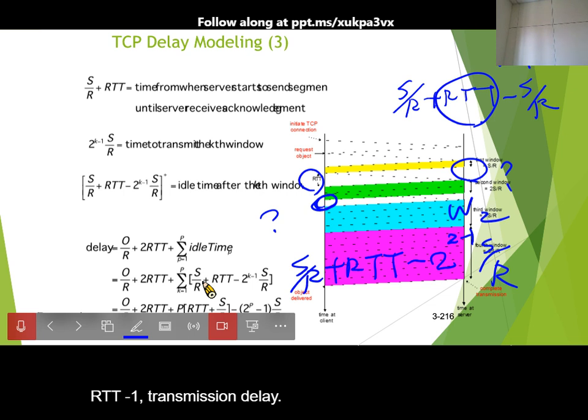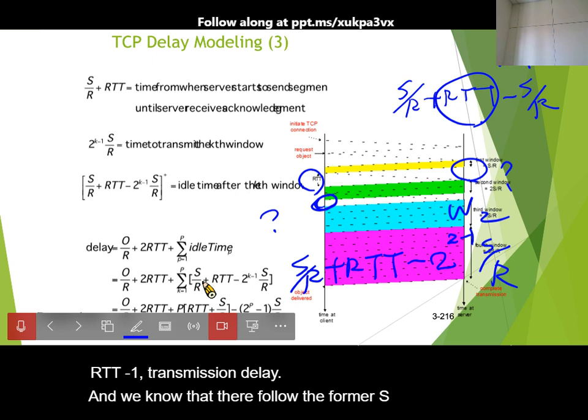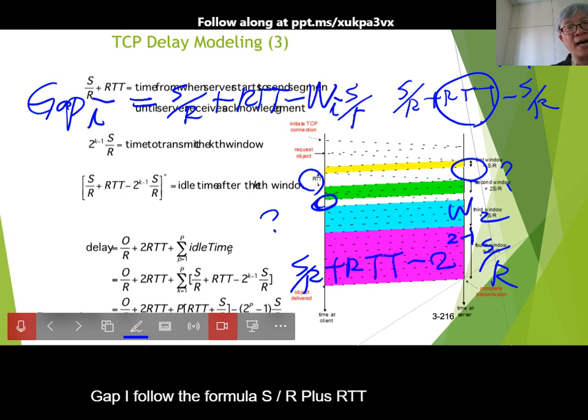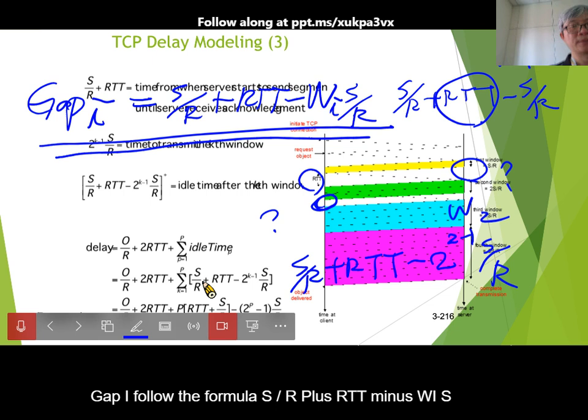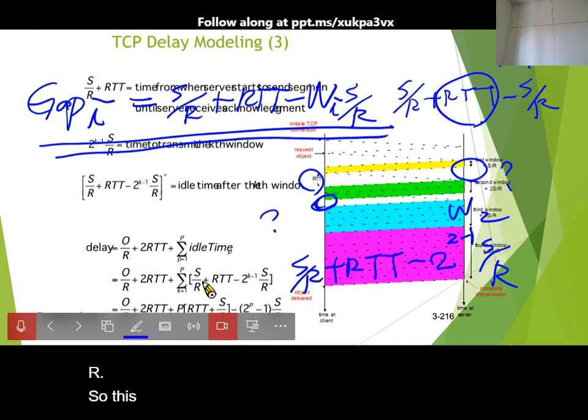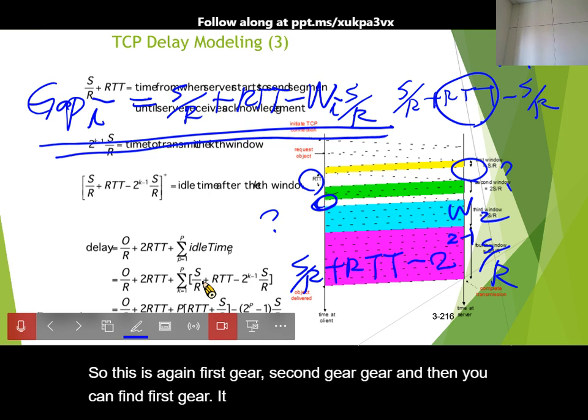If you know the gap, follow the formula: S over R plus RTT minus W_i times S over R. So this is a gap. First gap, second gap here. The first gap should be RTT. The second gap should be RTT minus 1 transmission delay.